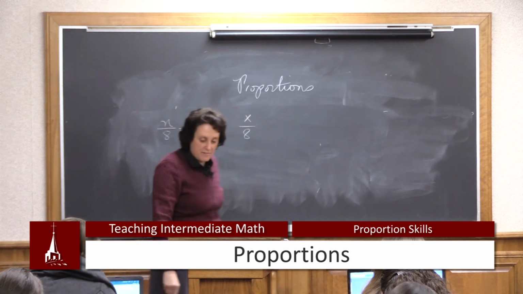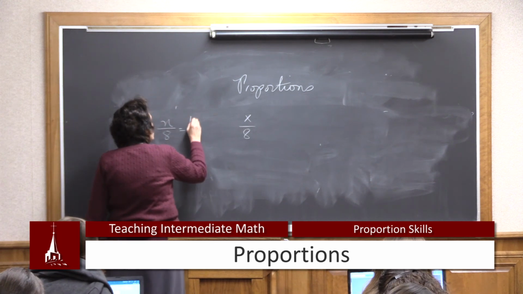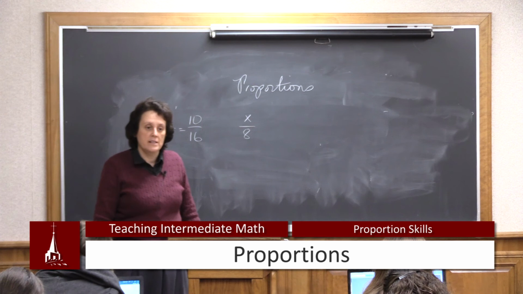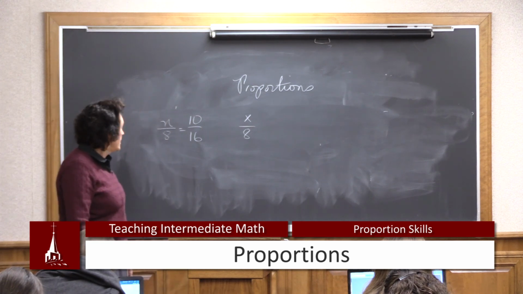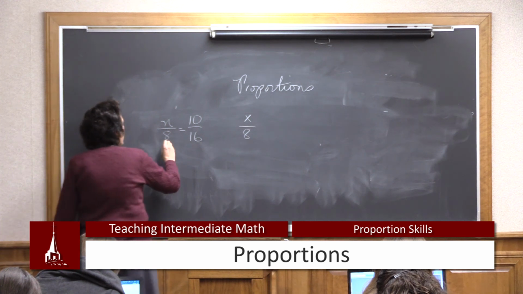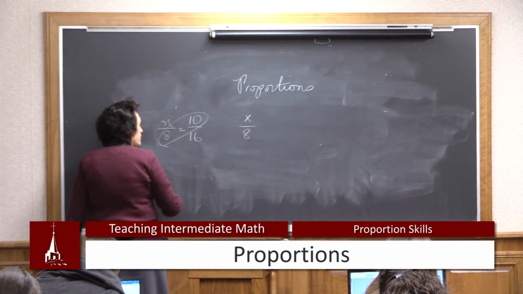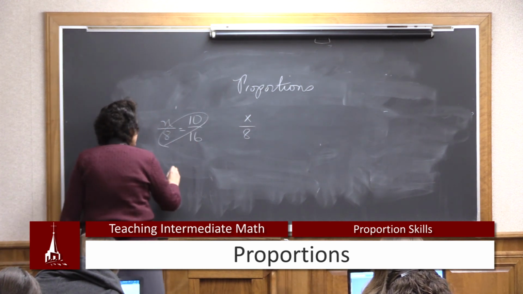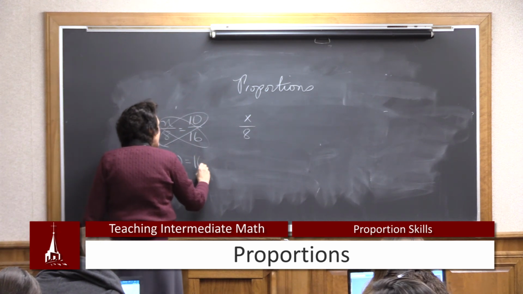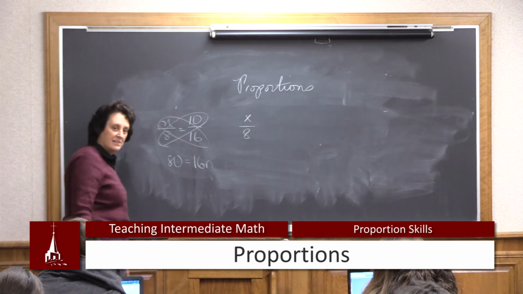But you'll see n frequently. Here is a proportion. Do not cross cancel, cross multiply. The product of the means is 80. The product of the extremes is 16 times n.